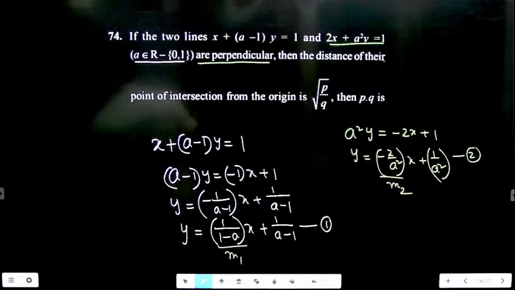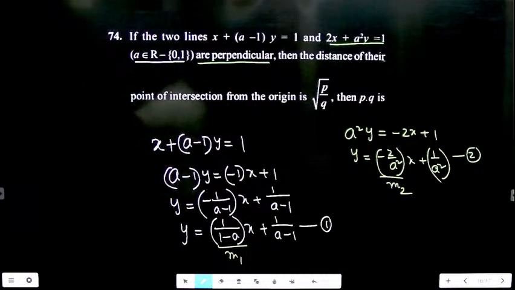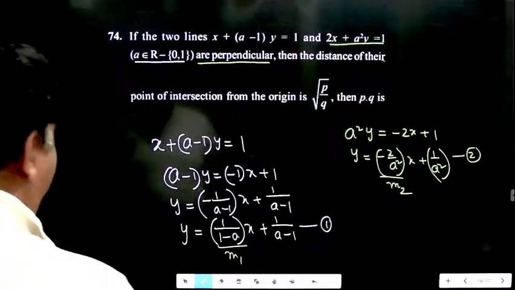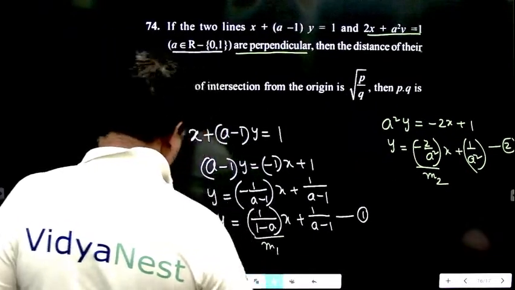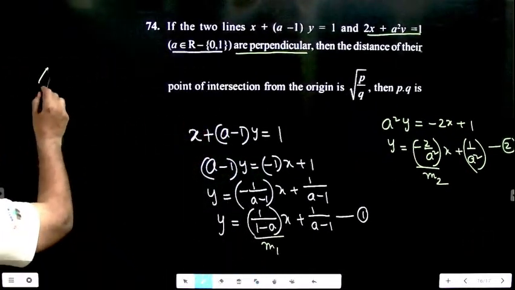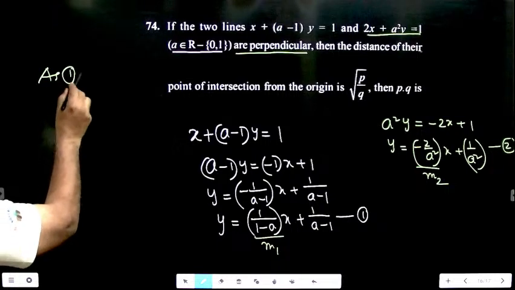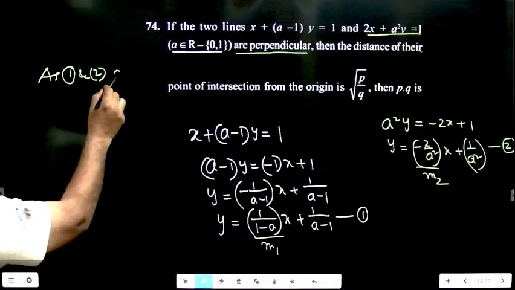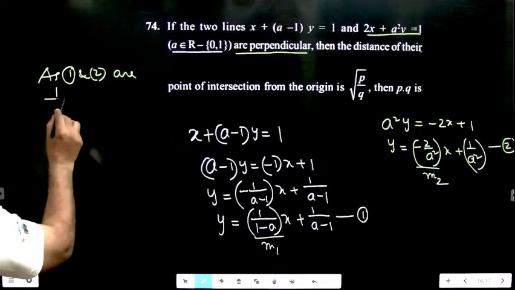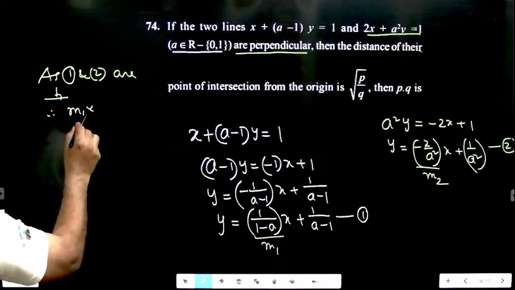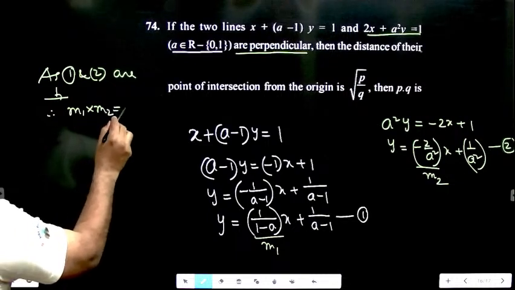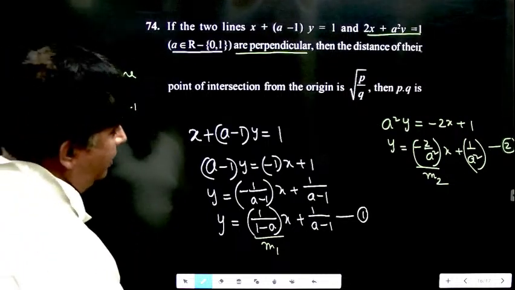Okay. Okay, sir. Therefore, M1 into M2 is minus 1.